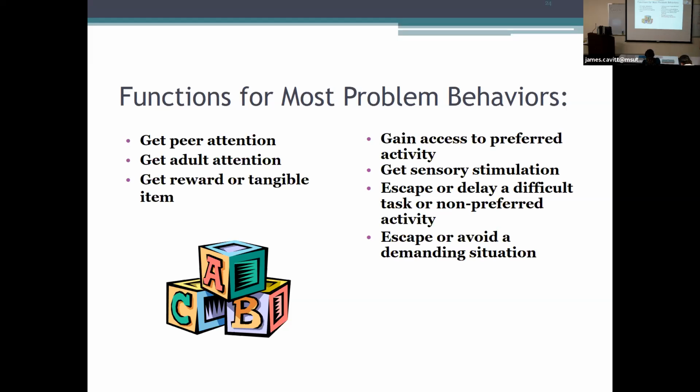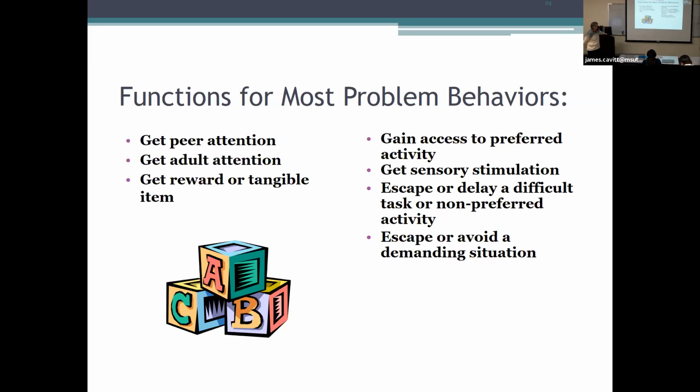I want to delay it till the 14th. She wants to get it done as soon as we can. And guess what? We do it as soon as we can. That's being a good husband. And then my stress goes away. Hate it. But you do things to escape or avoid a demanding situation.